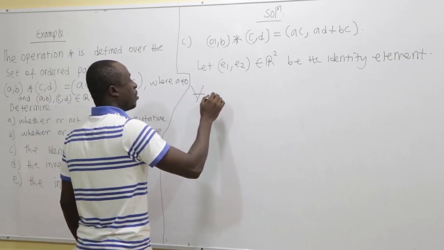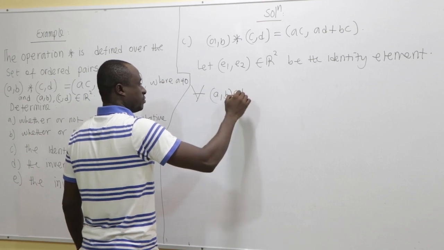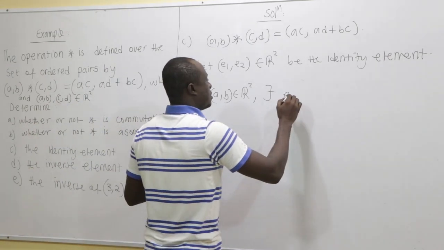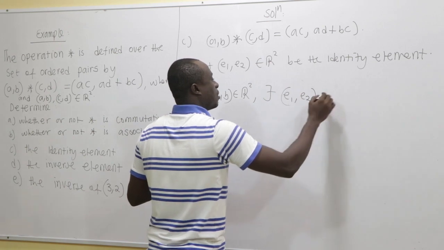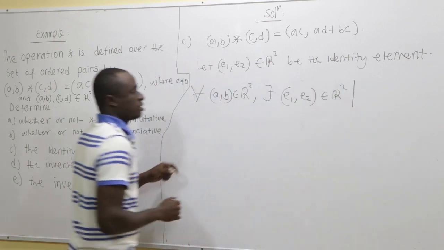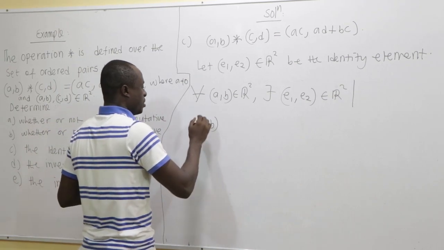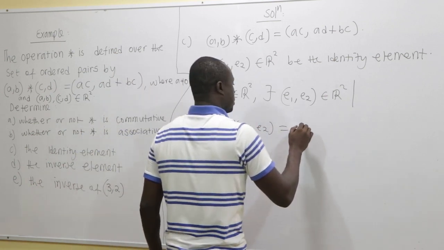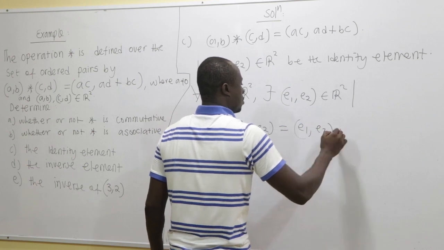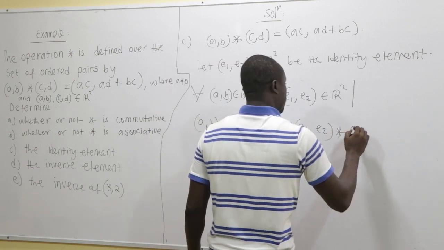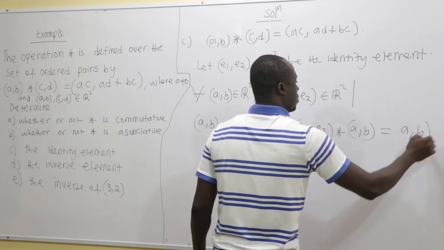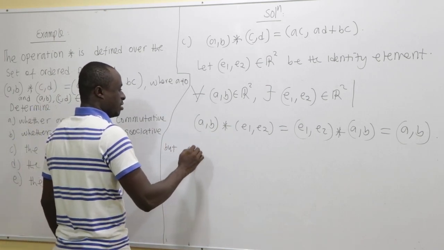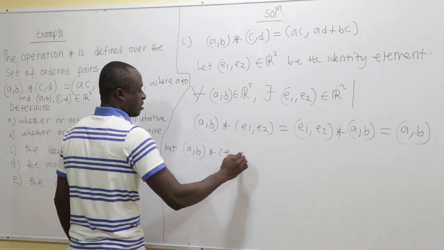We know that for all (A,B) a member of R square, because the identity is unique, there exists (E1, E2) a member of R square such that (A,B) star (E1, E2) is equal to (E1, E2) star (A,B), and this is equal to (A,B).